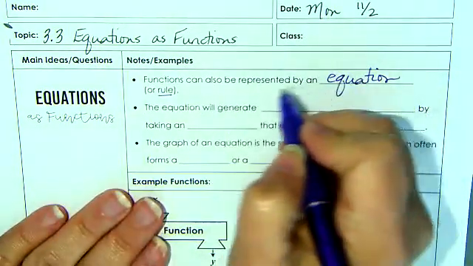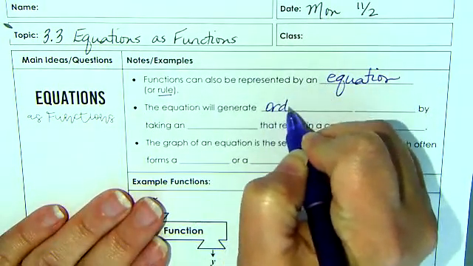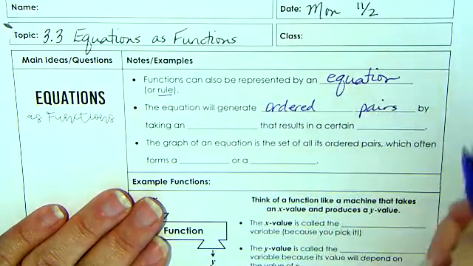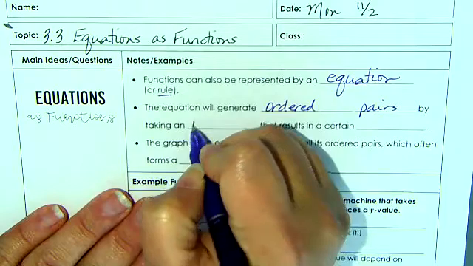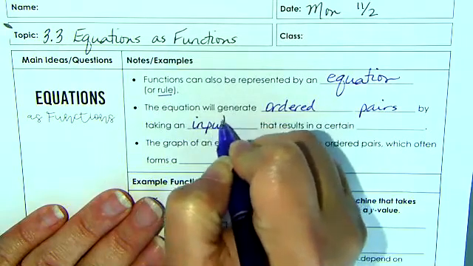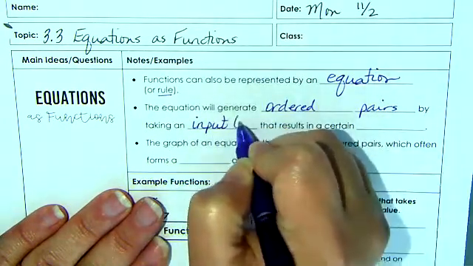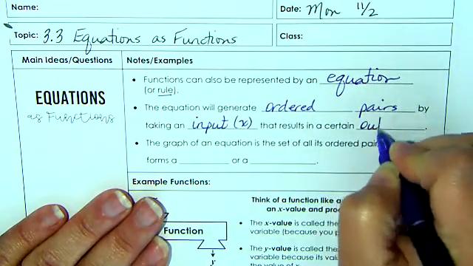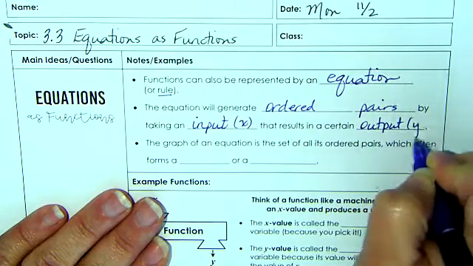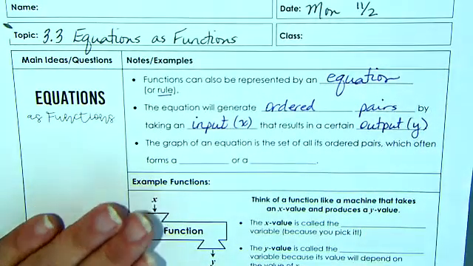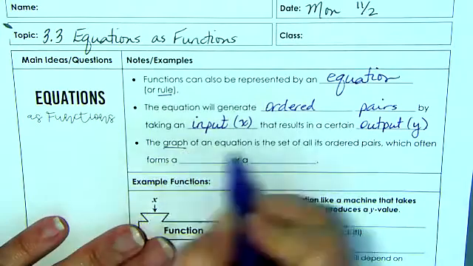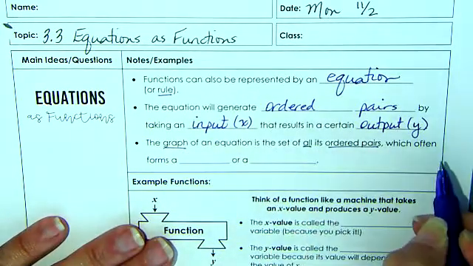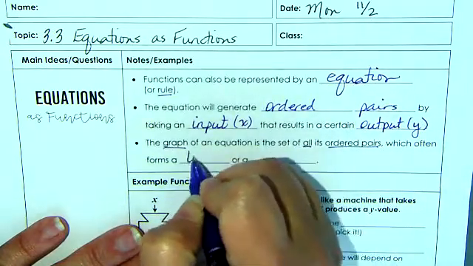The equation will generate ordered pairs by taking an input, which is X, that results in a certain output, which is Y.